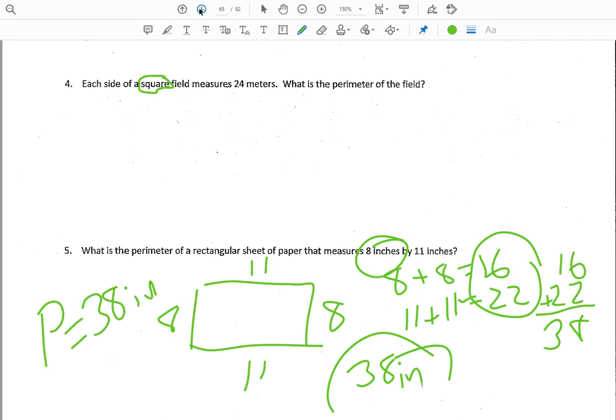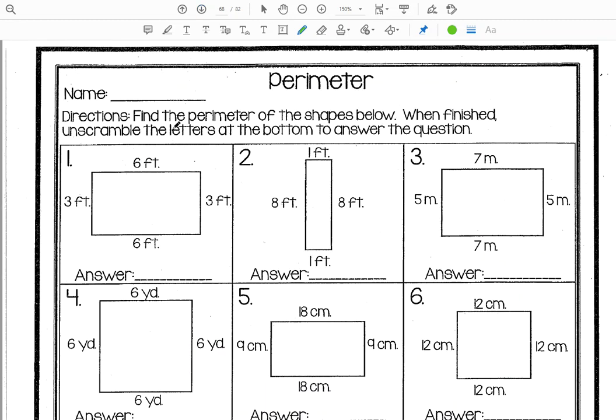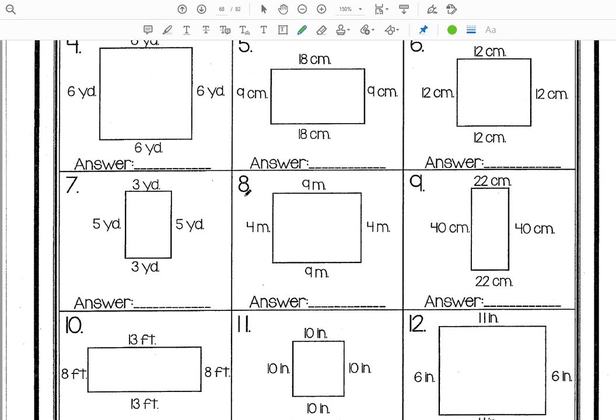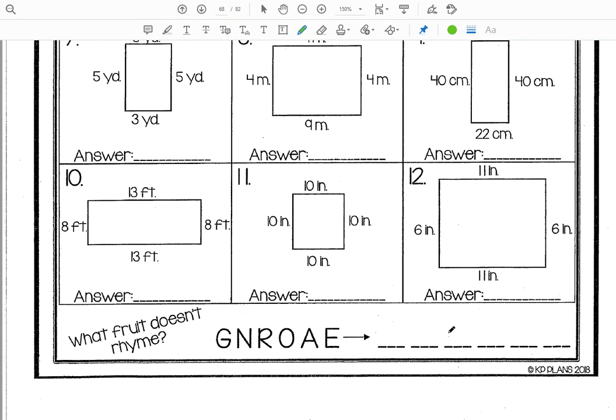Alright? So let's look at another way of looking at it. This time they give you all the measurements and they want you to figure out the perimeter.